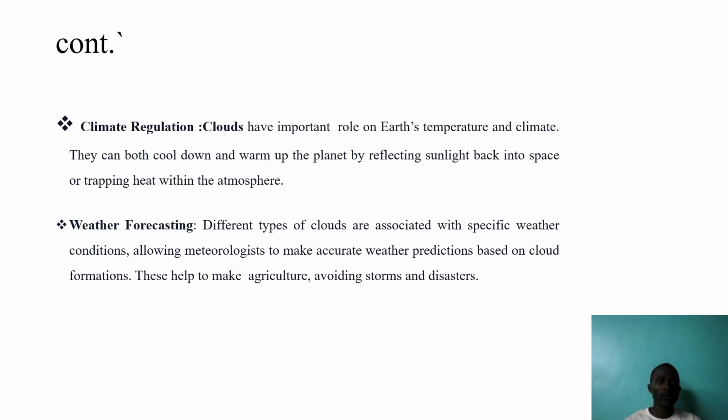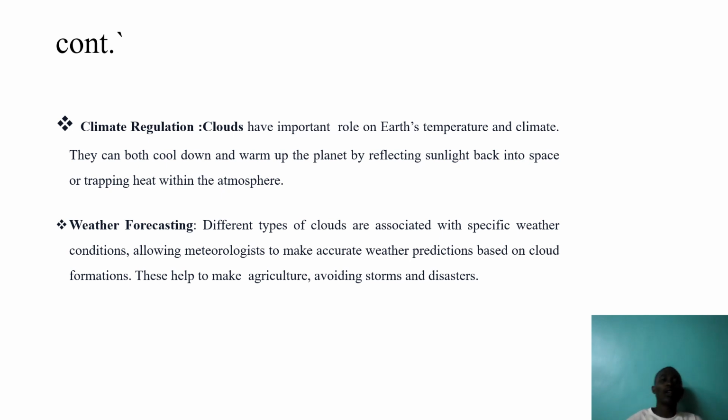The second importance of clouds is in the regulation of climate. Clouds play a very important role on the earth in regulating temperature and climate. They can both cool down and warm up the planet by reflecting sunlight back to space or trapping heat in the atmosphere.